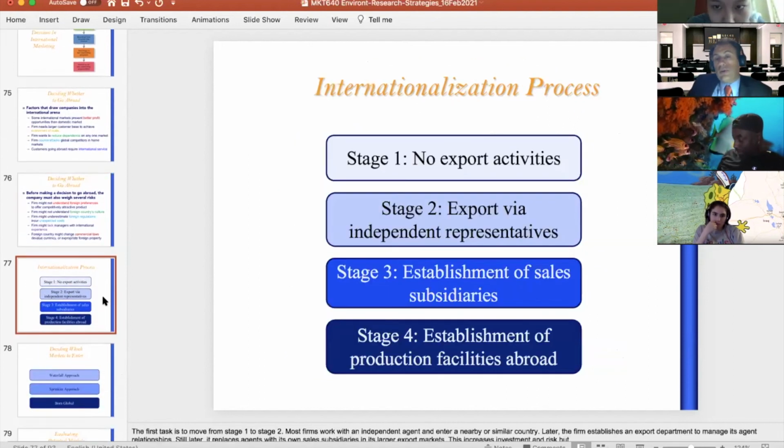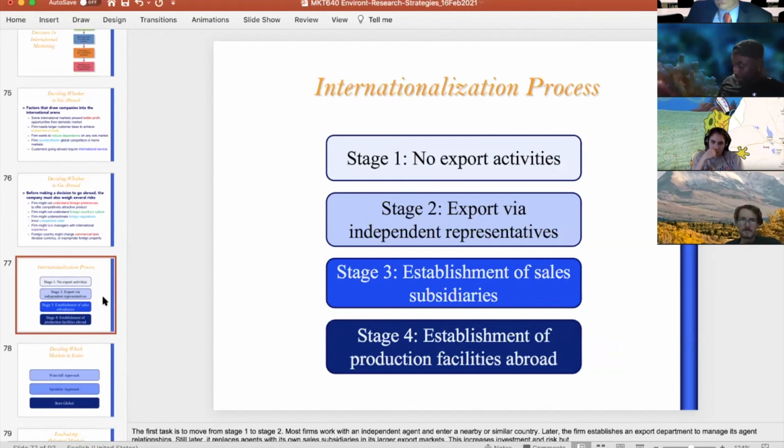So the process is you have no export activity, then you find someone that's going to be buying your product and selling your product overseas, and therefore you have nothing. It's just another customer. So you have a customer in Los Angeles, a customer in San Francisco, a customer in New York, and a customer in London. It's just a customer, and you're not really treating it as if it's a different market.